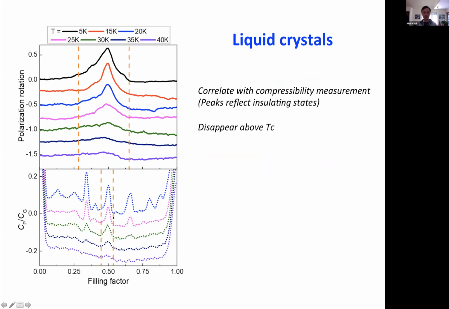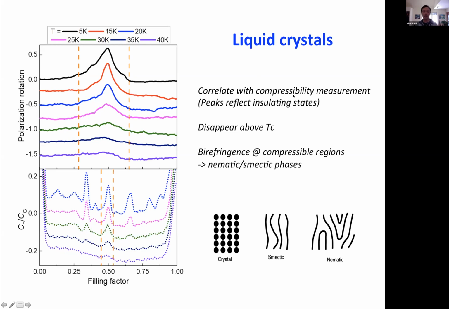Okay, and with increasing temperature, the 2 measurements agree with each other. With increasing temperature, these charge order states melt, and the polarization rotation signal also disappears. And what's interesting in this set of data, by comparing penetration capacitance measurement and polarization rotation, is that the polarization rotation peak is much, much broader compared to the penetration capacitance peak for the incompressible states.